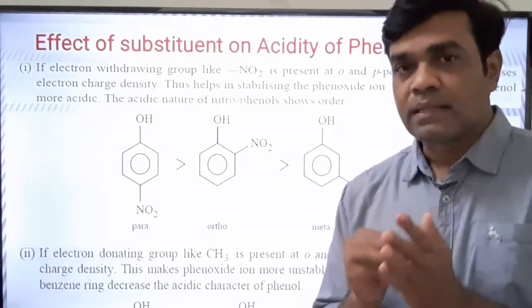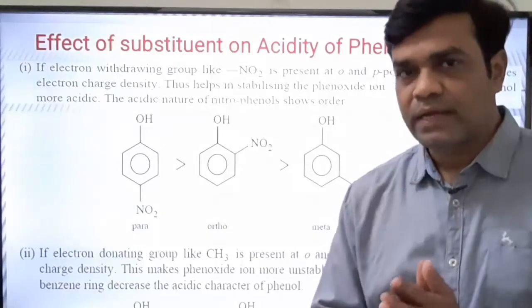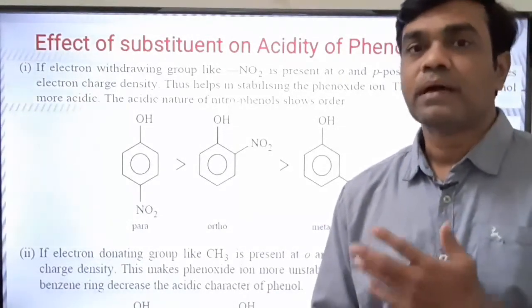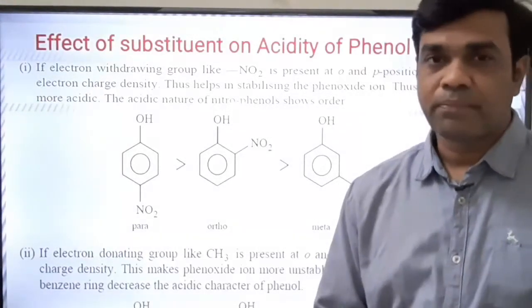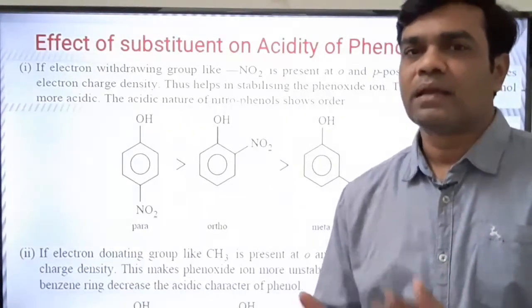That key atom either has a positive charge, or if that atom is attached to an electronegative atom like oxygen or nitrogen by a multiple bond, that is a double or triple bond, then that functional group is electron withdrawing in nature.